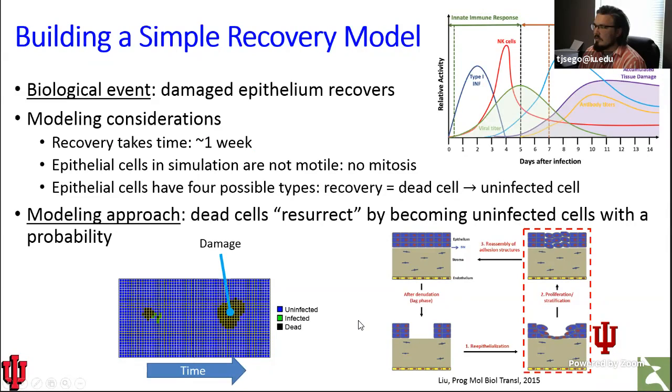Now, clearly recovery occurs by proliferation. The cells that were killed are phagocytosed, they are removed, and then subsequently replaced. We can't do that currently without unfreezing the cells.